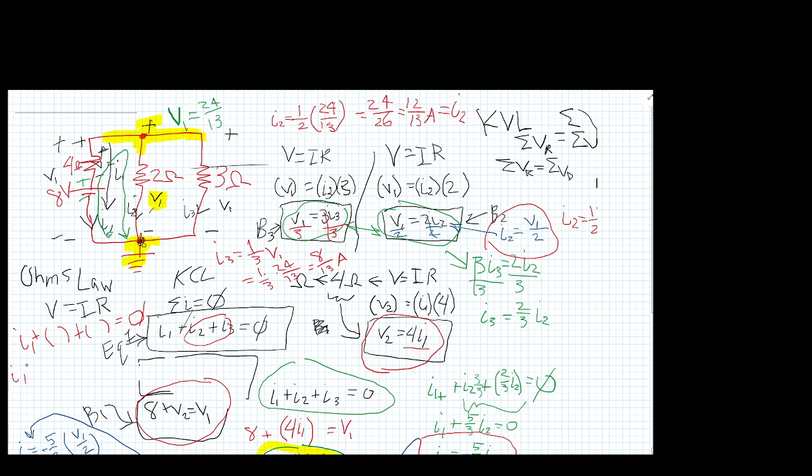And we have I1 plus I2, which was 12/13, and I3 was 8/13. So 12/13 plus 8/13 gives you 20/13, and that's equal to 0. Take it to the other side and we get I1 equals negative 20/13.